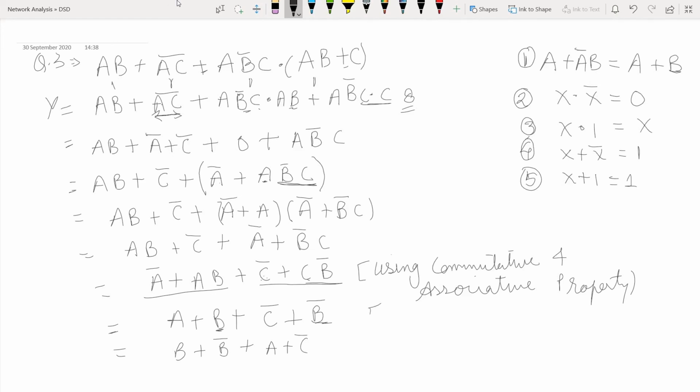Here I have done it using the distributive property.